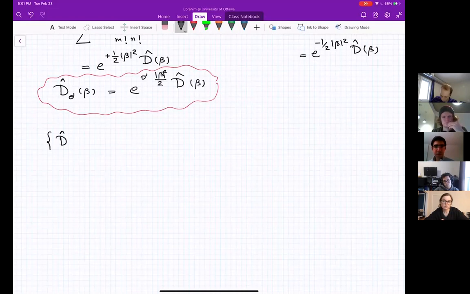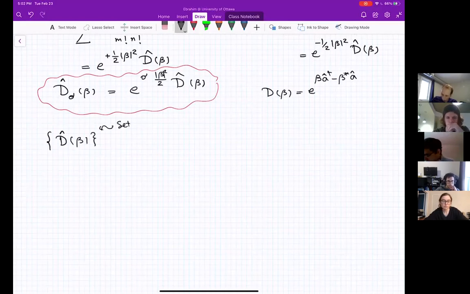So it's the displacement operator that we had, D of beta, which is the exponential of beta A dagger minus beta star A. Assume that we have a set of displacement operators. By the way, this is a set. It's not really the symmetric representation. It's just a set of operators.